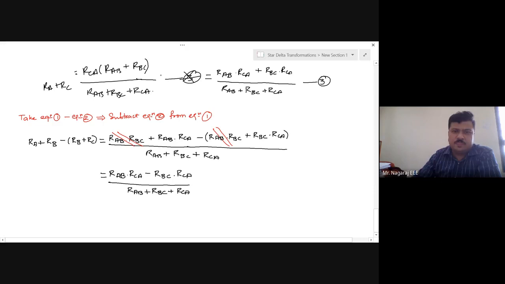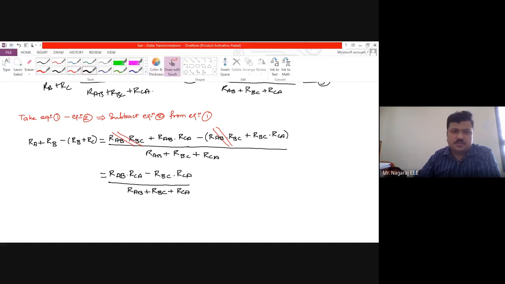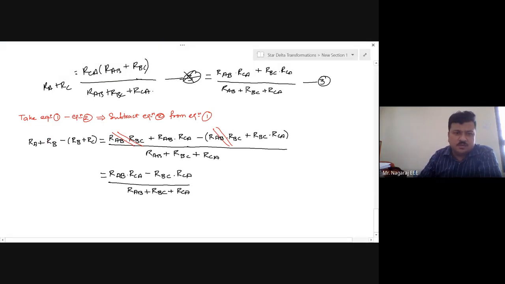We get one more elimination of a term: plus RB and minus RB will cancel out. So the LHS will be RA minus RC.